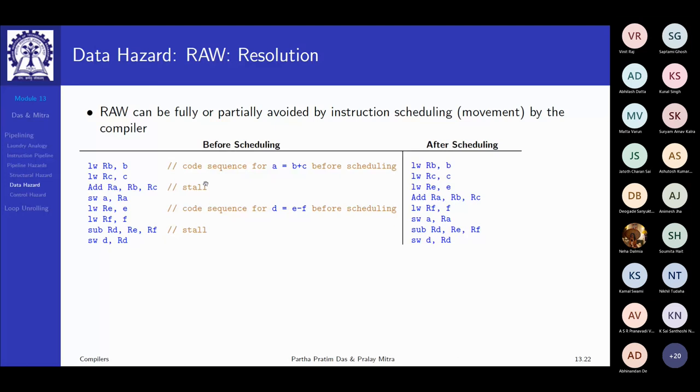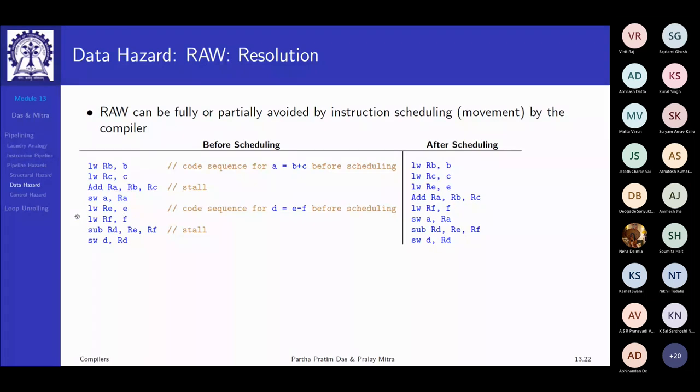So basically, to make this code correct, without assuming that you have a hardware detector for RAW and stall, all you need to do is, after these 2 load instructions, put 2 NOPs, that is stalls, and then only this will work. Similar thing will happen in the next part also. But with the power of our data dependency analysis, we can see that this load of E into RE has no effect on the computation of the first one.